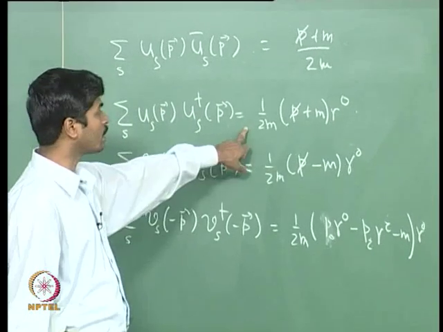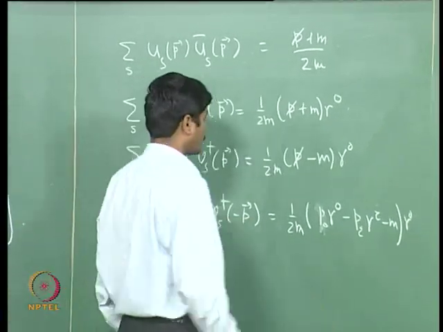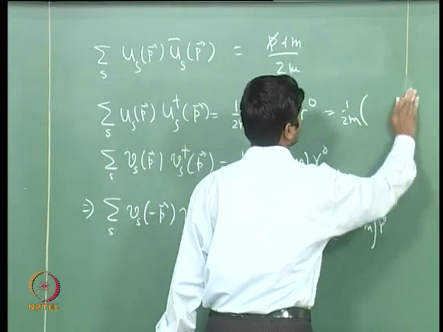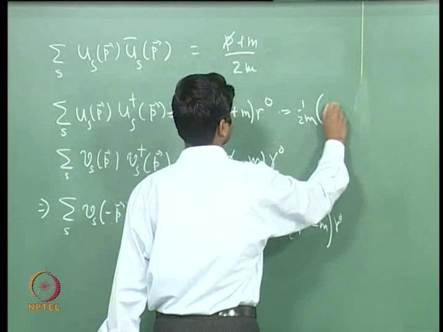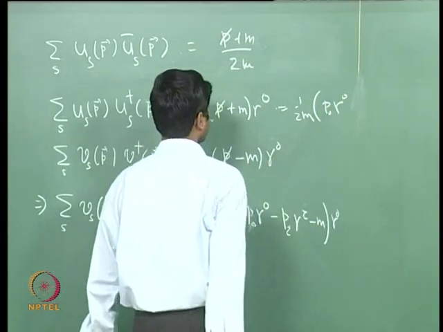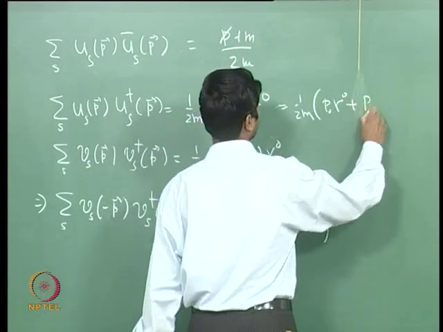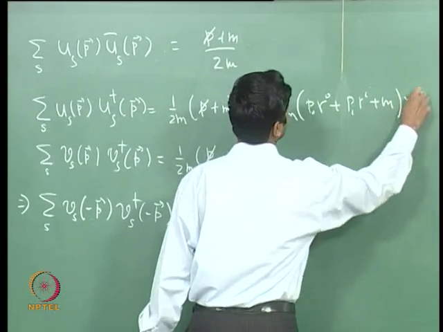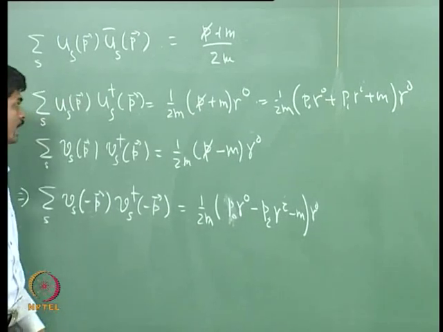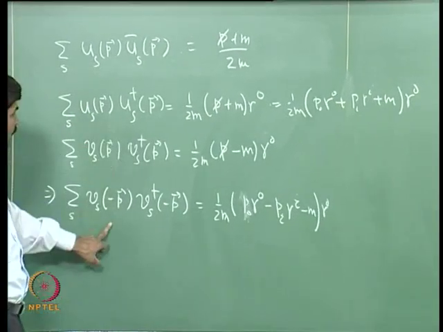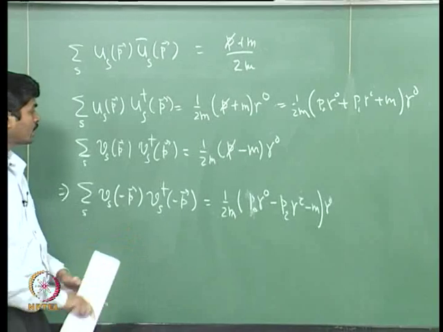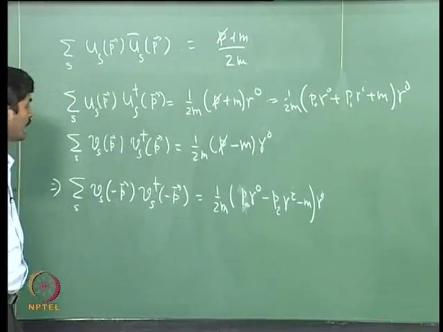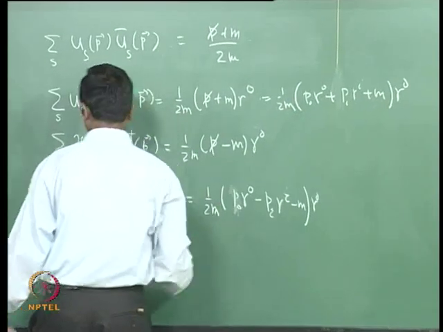Whereas this one here you can see is given by 1 over 2m (p0 gamma 0 plus p_i gamma I plus m) whole thing multiplied by gamma 0 from the right. So, if you add this term with this term, then the last two terms cancel each other and the first term adds.